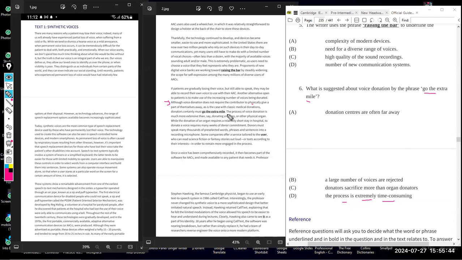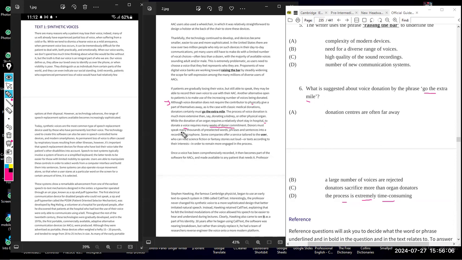What does that mean? This is the exact meaning of this phrase. The donors have to, okay, not like just maybe donating a kidney, for example. It's just to donate a voice requires many weeks of donor commitment.